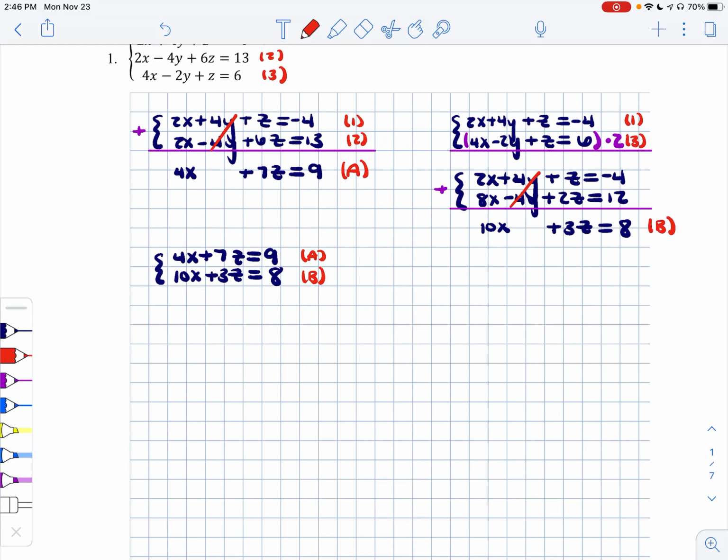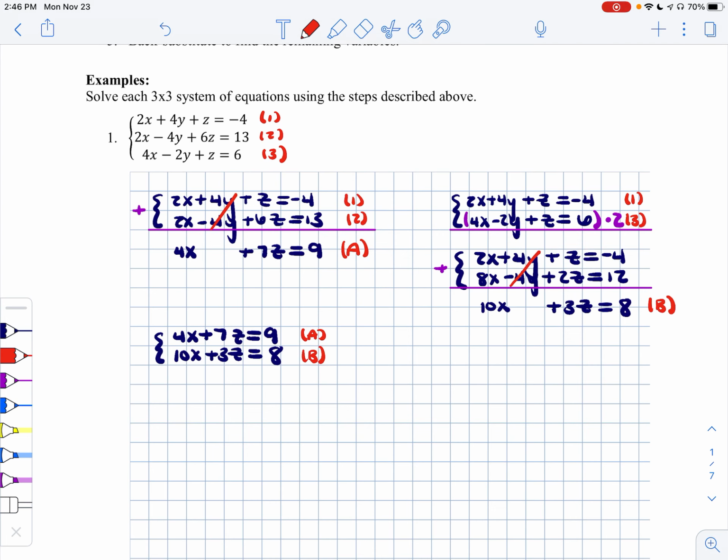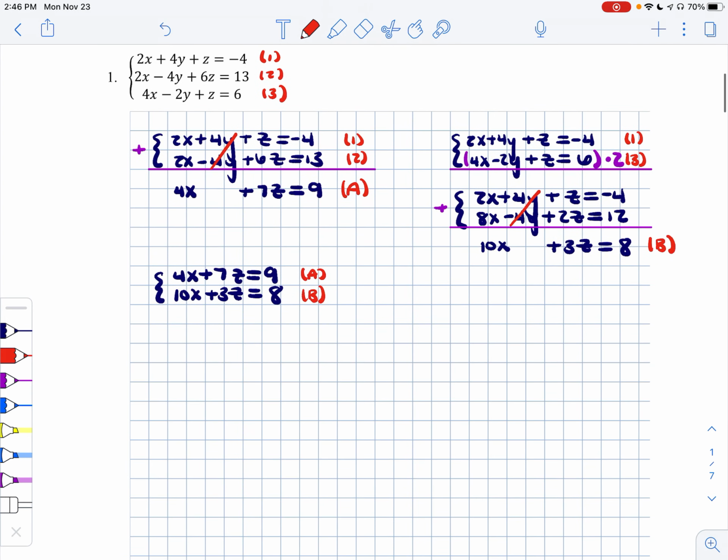We've now taken our 3 by 3 system and eliminated the y variable so that we've turned it into a 2 by 2 system. From here, we can just solve it like we were doing previously with our 2 by 2 systems, either using substitution or continuing with elimination. I'm just going to continue with elimination.